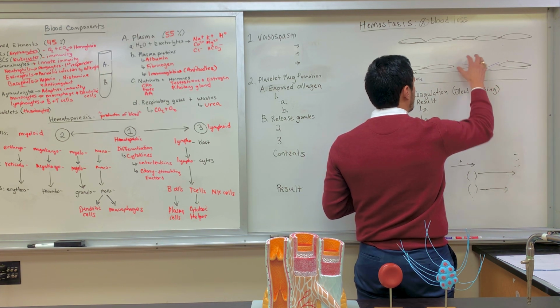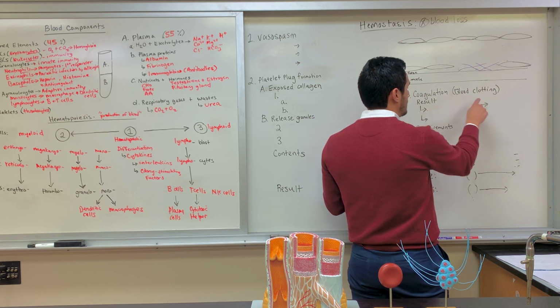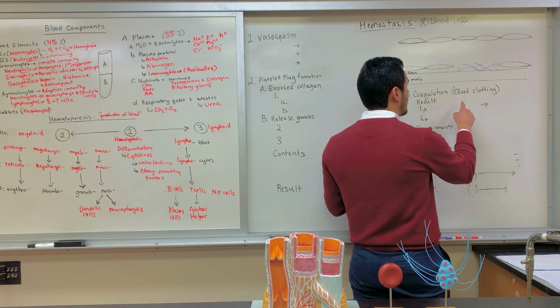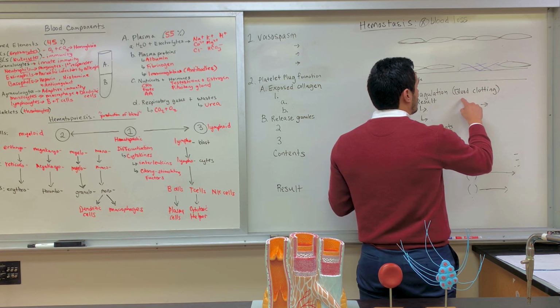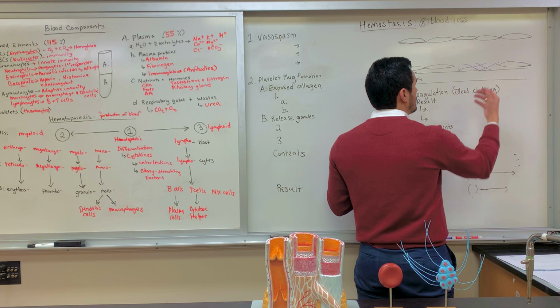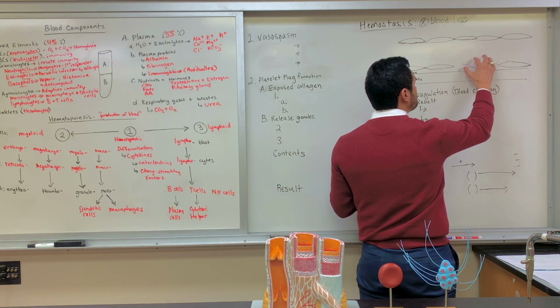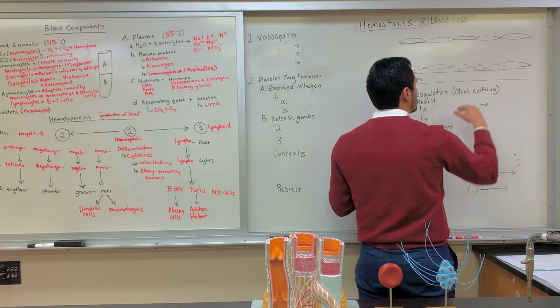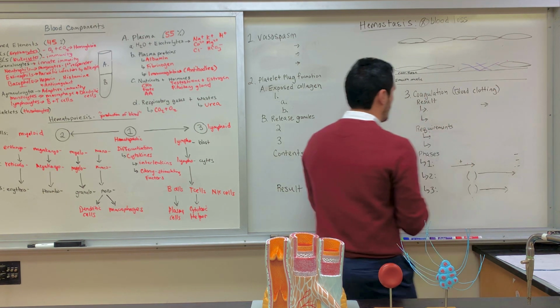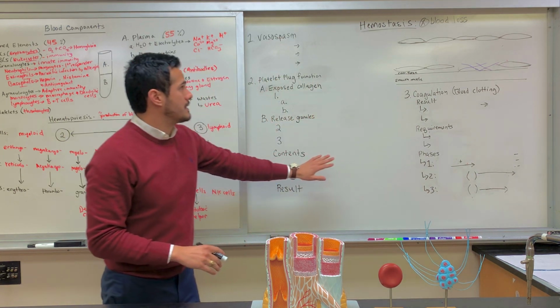So they accumulate here, and then the last stage is coagulation or blood clotting. And so the clot that's formed is due to this fibrin mesh, which will anchor this blood clot here and hold it in place while the tissue can regenerate itself. Okay, so that's generally speaking here.